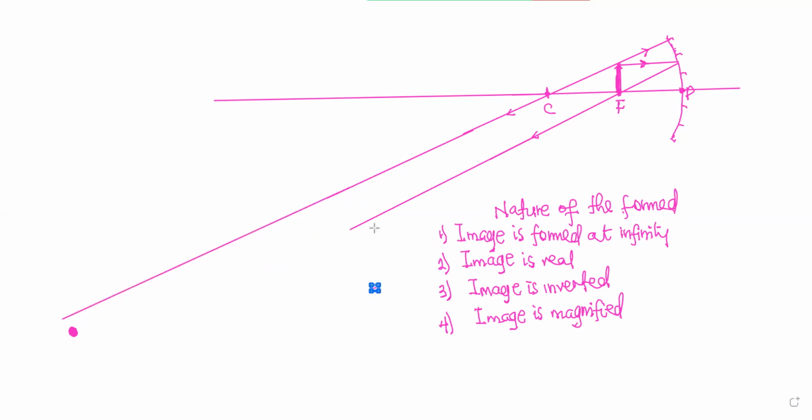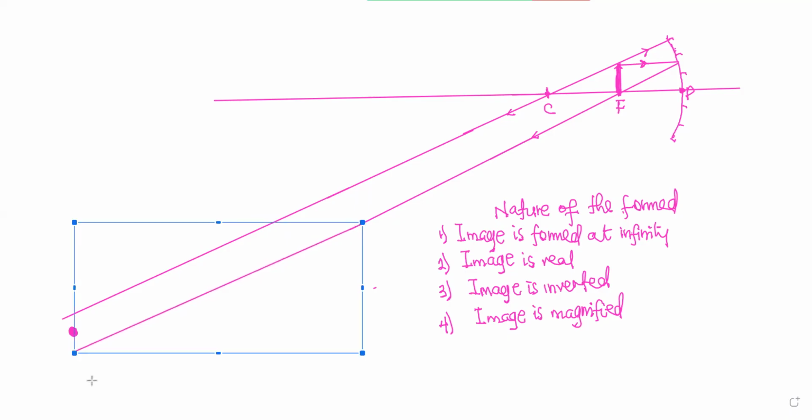We expect these two reflected rays to meet here. If that point is infinity, it's an assumption. We are assuming.